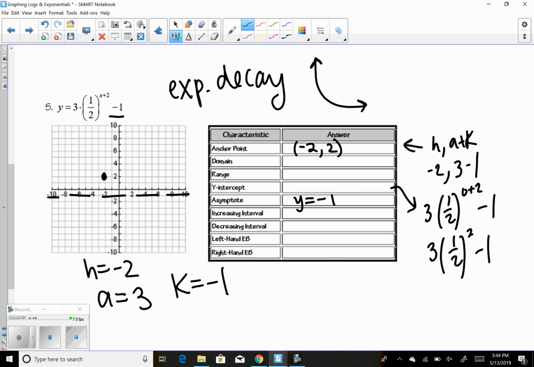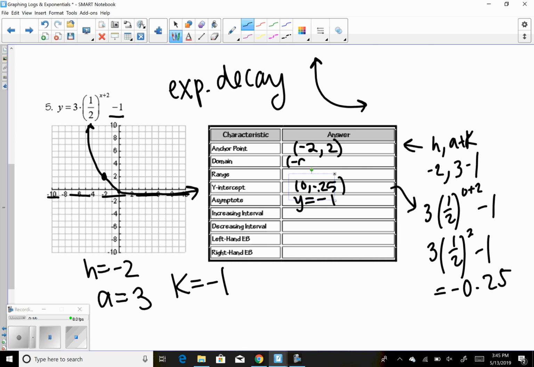So 3, parenthesis, 1/2, close the parenthesis, squared minus 1. And we get negative 0.25 for that one. So (0, negative 0.25) for that. Somewhere down here. Which makes sense because this graph's going to be doing this right here. Curve into the right.